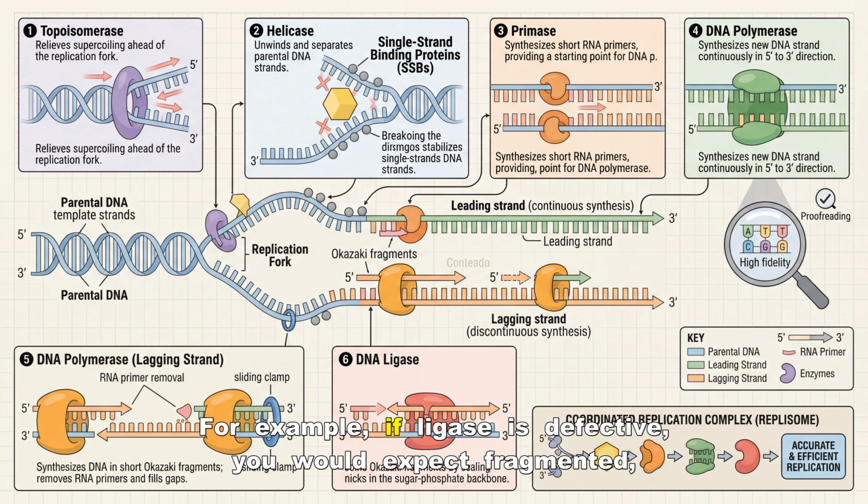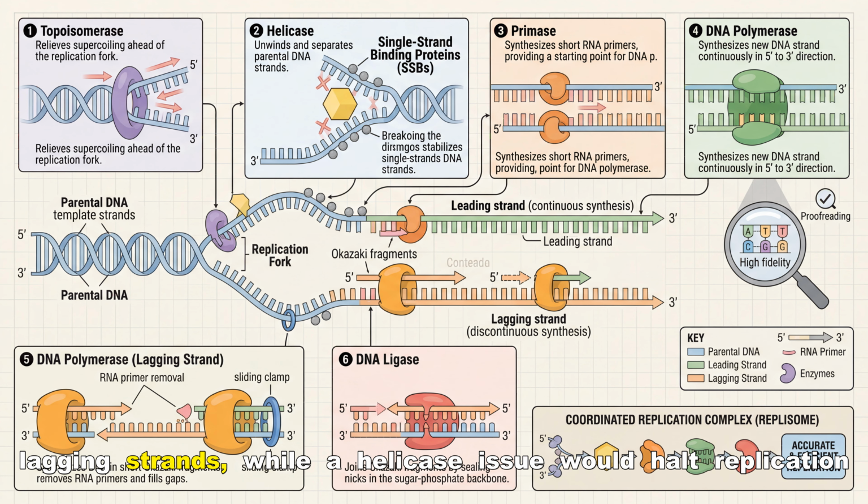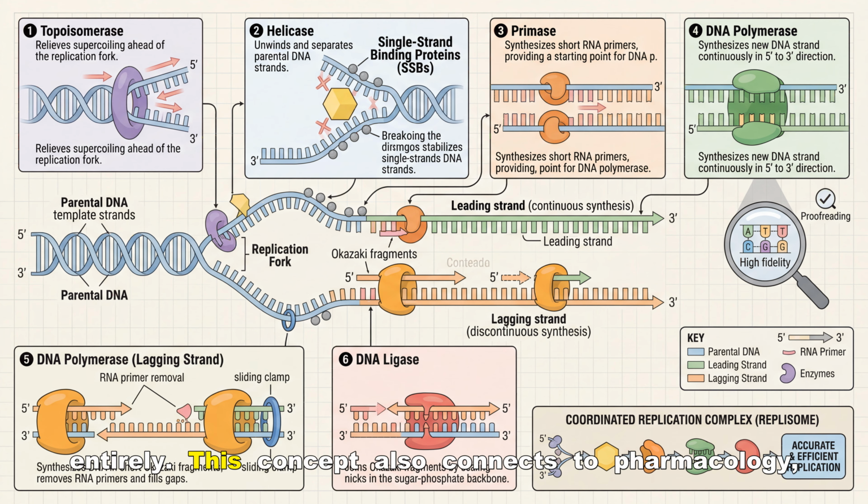For example, if ligase is defective, you would expect fragmented lagging strands, while a helicase issue would halt replication entirely. This concept also connects to pharmacology, as many antibiotics and chemotherapy agents target these enzymes to disrupt DNA replication in rapidly dividing cells.